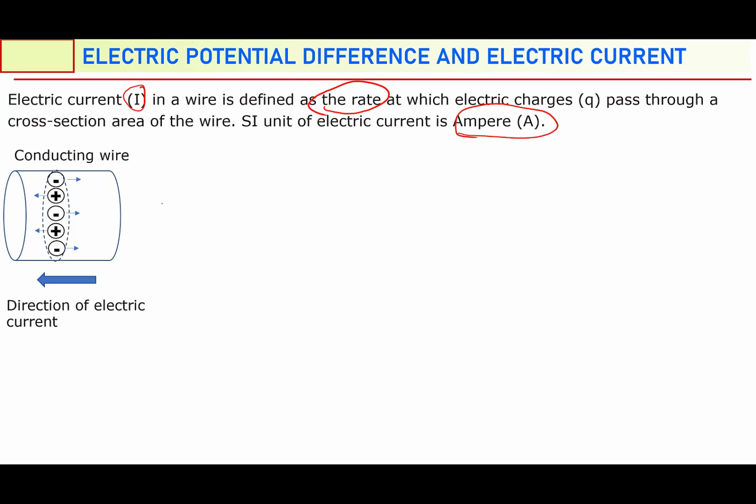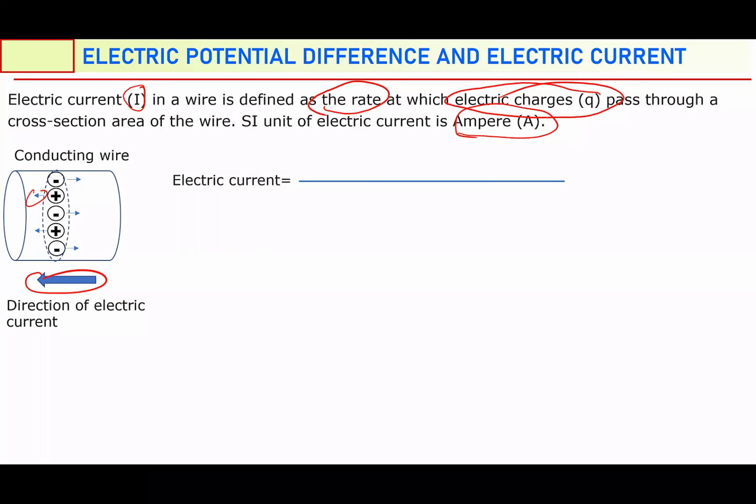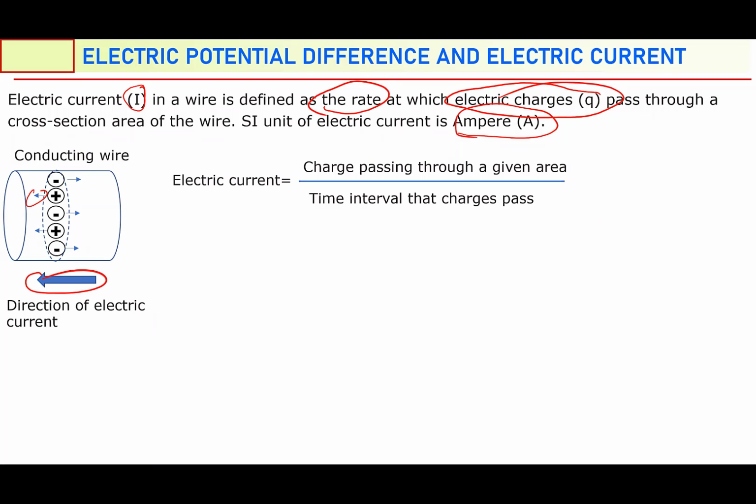Here, this is a conducting wire. As you see, positive and negative charges are moving in opposite directions, and we know the direction of the electric current is the same as the direction of the positive charges. According to this definition, to calculate the electric current, I have to divide the amount of electric charge which passes through the wire by the time interval delta t, which is the rate, because electric current is equal to the charge passing through a given area of the conductor divided by the time interval.